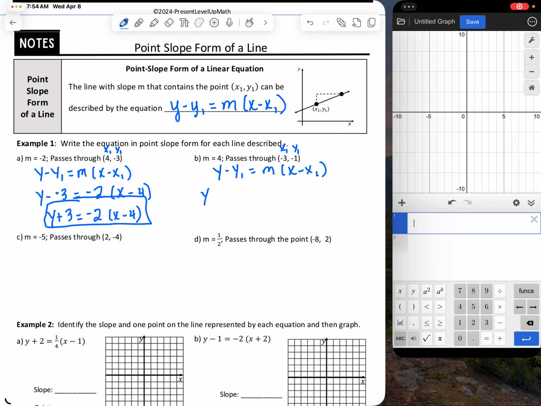So y minus negative 1 is equal to m, which is 4, times x minus x sub 1, which is negative 3. Then before you box in your answer, you need to simplify any double operation symbols. So minus minus becomes plus. So y plus 1 equals 4 times the quantity x plus 3.